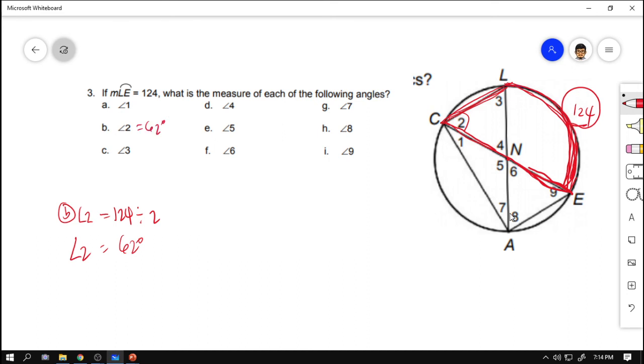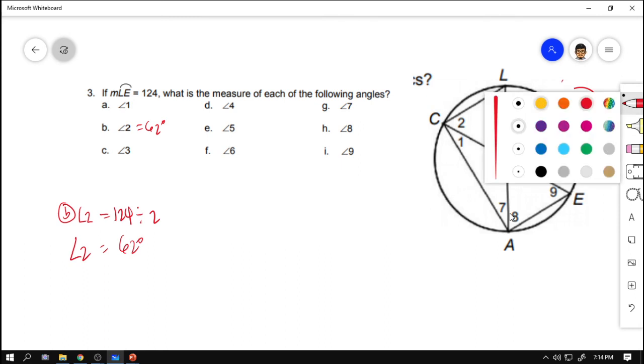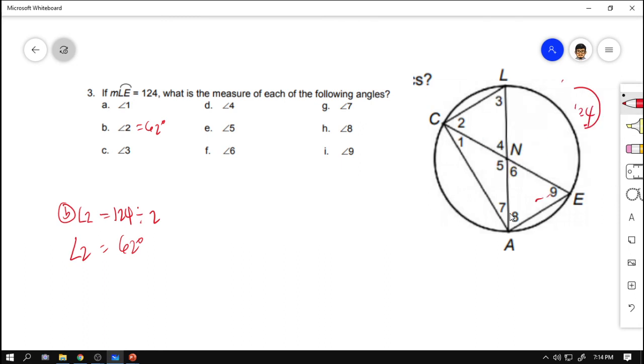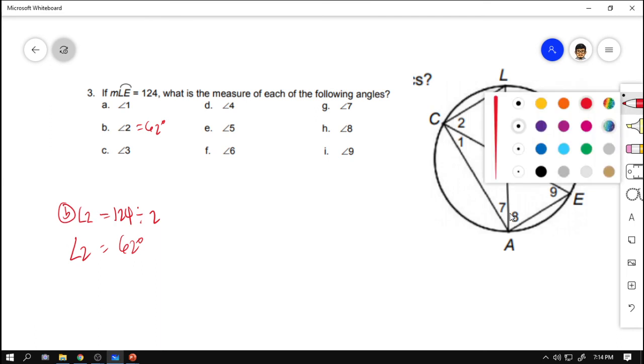Next. Now, remember that, tapos na tayo doon. Nalalagay natin ito. 124 ito. Next. Remember that point N is the center of the circle.